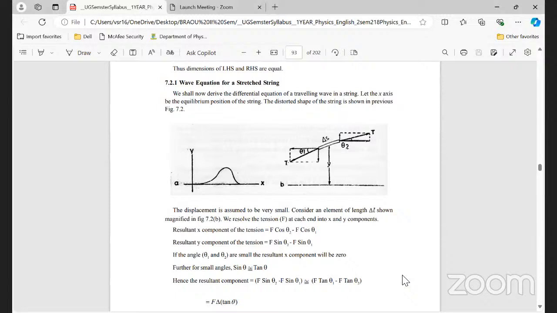The particle vibrates along the y direction, but the energy propagates along the x direction. So both are perpendicular to each other, 90 degrees, the vibration as well as the propagation.